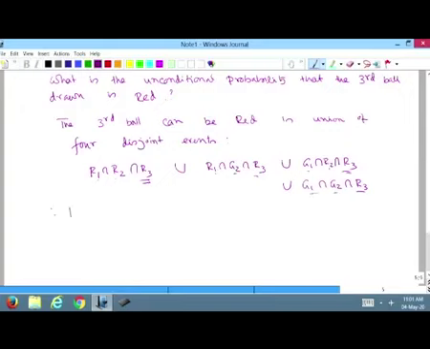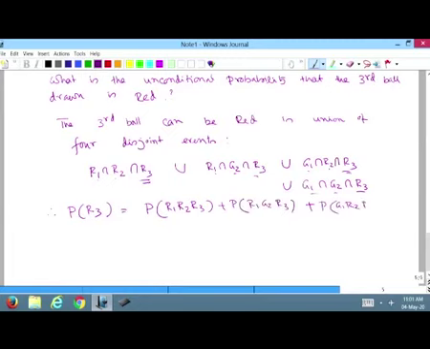Therefore, the probability of the third ball drawn being red is equal to the summation of these individual probabilities. So, let me write them as follows: probability of R1, R2, R3 plus probability of R1, G2, R3 plus probability of G1, R2, R3 plus probability of G1, G2, R3.